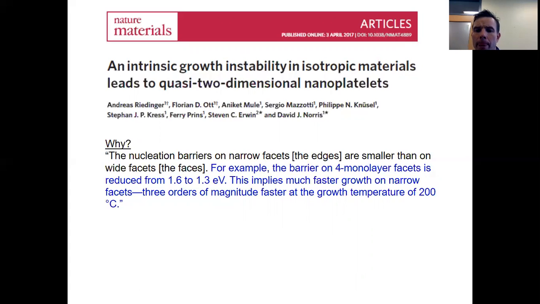For example, on a 4 monolayer facet, it's reduced from 1.6 to 1.3 eV. This implies a much faster growth on the narrow facets, 3 orders of magnitude faster at the growth temperature of 200 degrees Celsius. So this small change results in a 3 order of magnitude increase in the reaction rate.